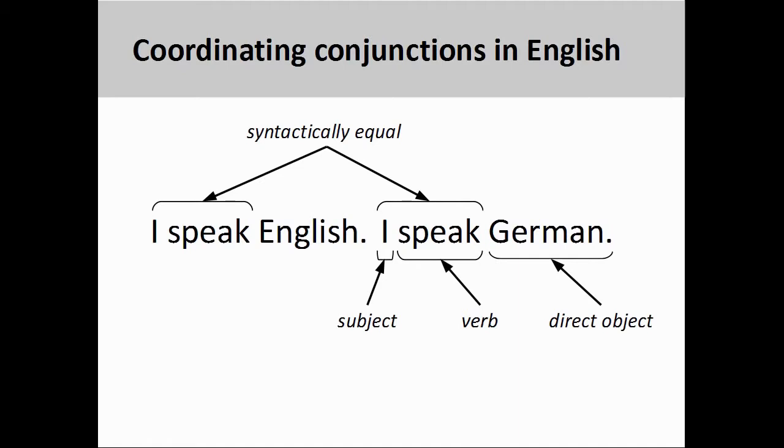A direct object is simply a noun or pronoun that receives the action of a verb. The second sentence, I speak German, manifests the same syntax, although the direct object of the verb, German, is different. Indeed, the first two elements of the sentence are syntactically equal. That is to say, the subjects and verbs of both sentences are exactly the same.